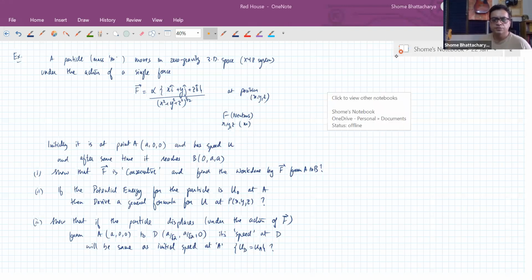Yes, Vaishnavi, very good. Okay, so once you figure out it's a central force, it's pretty easy to understand that it is conservative in nature. So you have to just basically develop a formula for it. Okay, very good, Shubham.